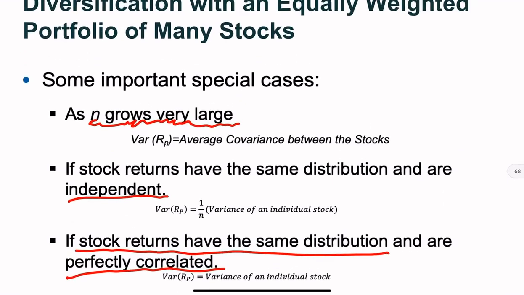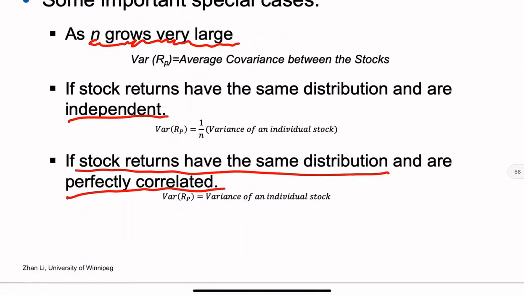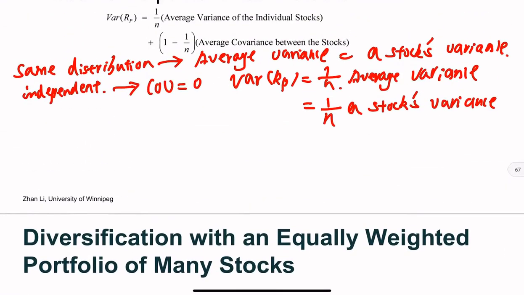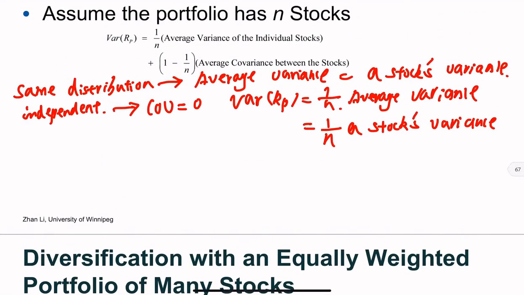Now let's look at the third case. The third case says stocks have the same distribution, but they're perfectly correlated. So if they have the same distribution, again we will have the same result. That is, average variance equals a single stock's variance.